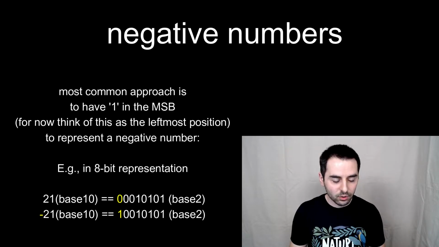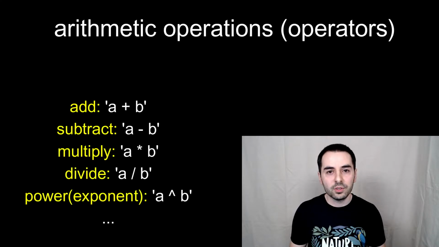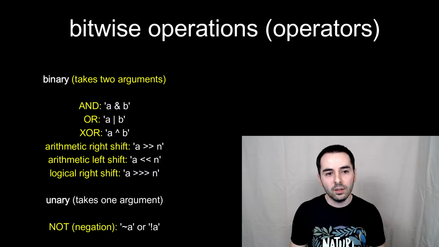And as I said, all the arithmetic operations between numbers do the same thing, but might do it in different ways. So we have addition, subtraction, multiplication, division. We can have fractions, we can have power or exponent, and so on. But the binary system also has more commonly used operators.